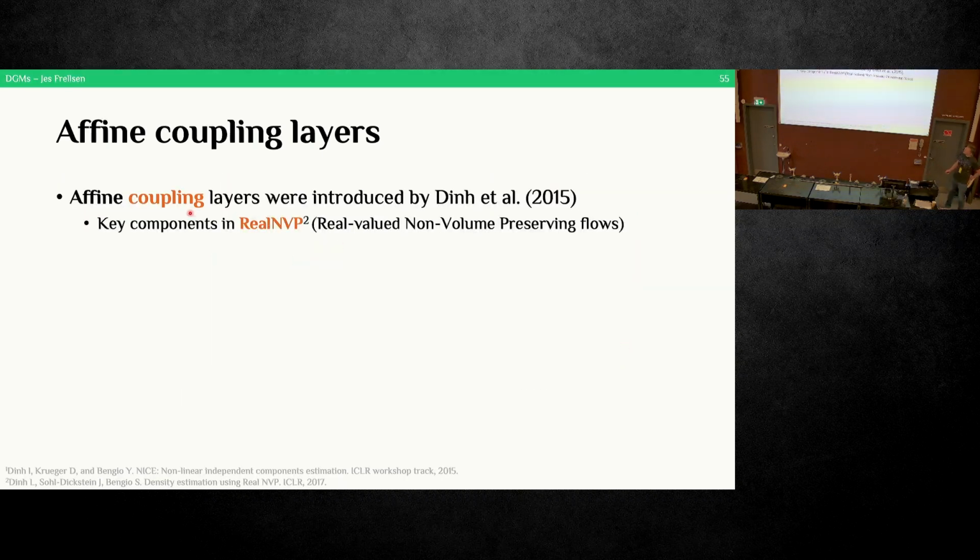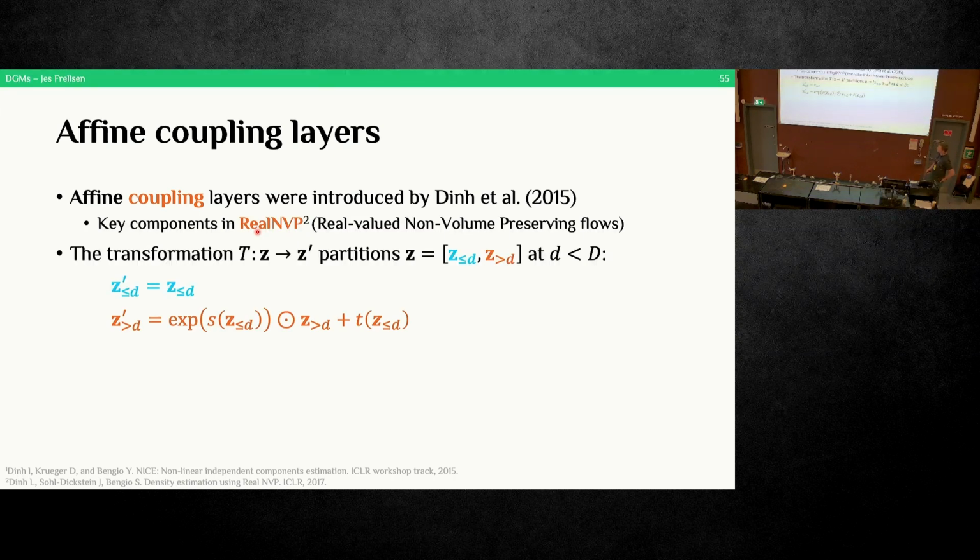Affine coupling layers were introduced by Dinh et al., and they are a key component of the Real NVP model. If you write down mathematically what I just had in the drawing before, we have a transformation that first partitions the input into the first d variables and the last D minus small d variables.